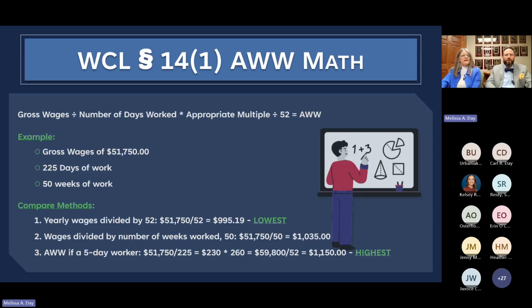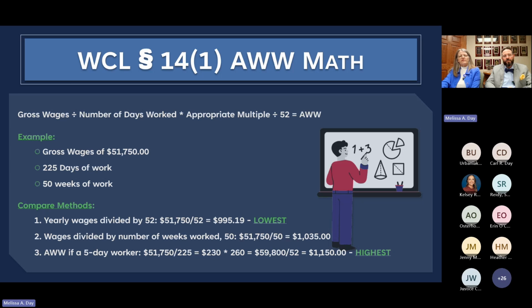All right, so now we're going to take a look at another example, just to make sure that this is going to become second nature for you, and we're going to compare different kinds of ways that you could calculate the average weekly wage other than using the statute and the multiple. So for this example, assume the claimant earned $51,750 during the year prior to the accident and did 225 days of work.